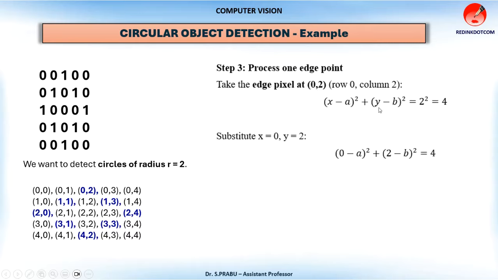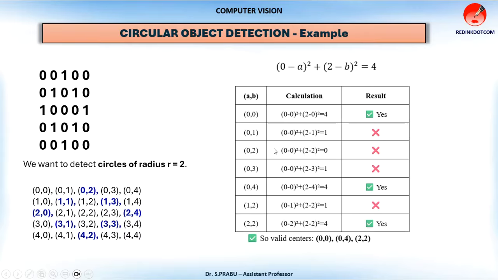That can be applied to this equation. For this pixel value, the equation looks like this. Now you can use this equation for all the pixels available as edges. So I can list all the edges here, apply the values to this equation and calculate the result. If the result is 4, that means it is the same as this value, so this is a valid center.